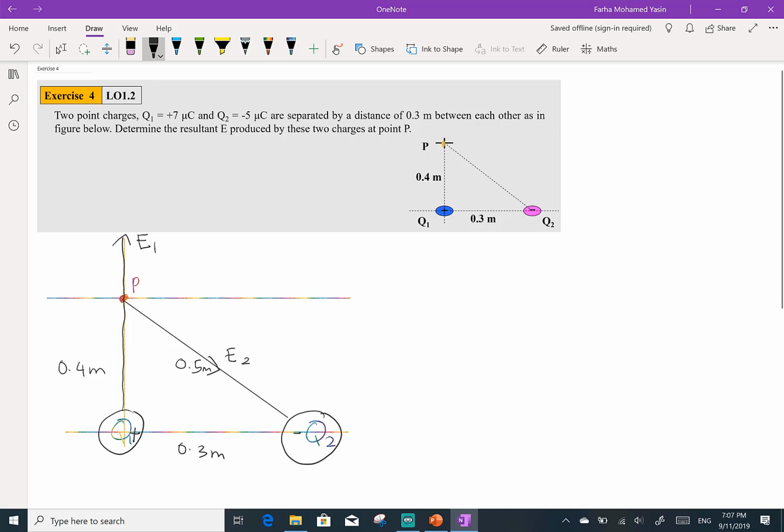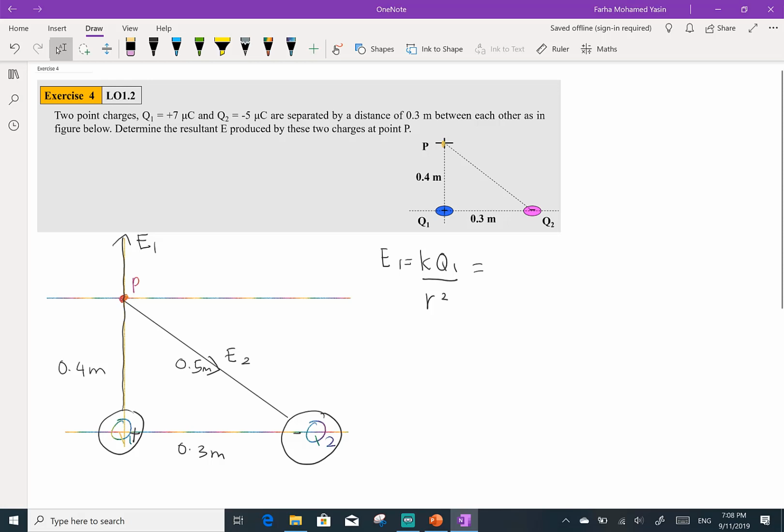Okay, so sekarang kita kira berapa magnitude bagi E1. E1 is equals to KQ1 over R square. Kita lihat sekarang E1 dan E2. E1 dah berada di Y component.